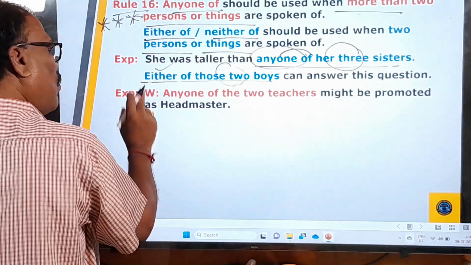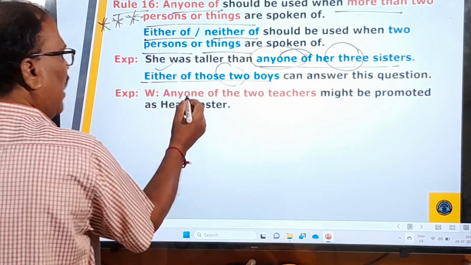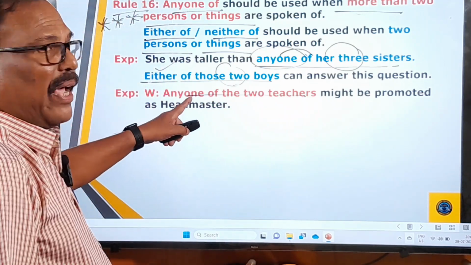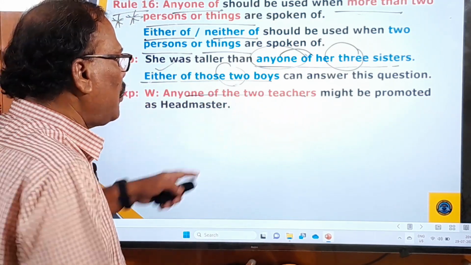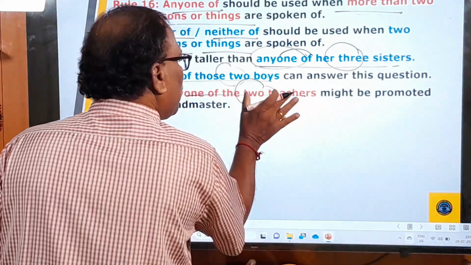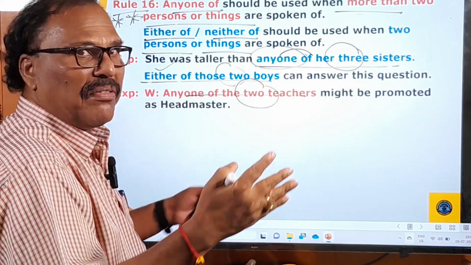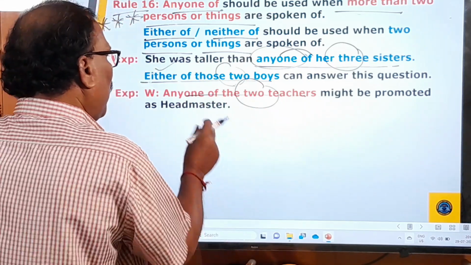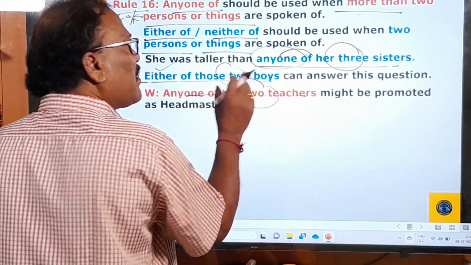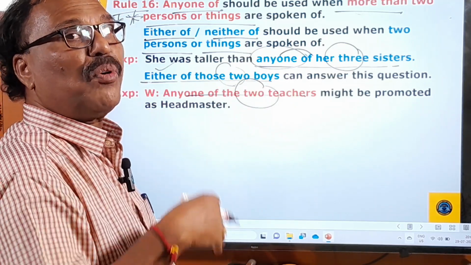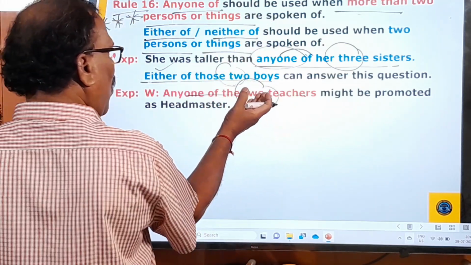Now wrong sentences are given like this. "Any one of the two teachers" might be promoted as a headmaster. "Any one" is used with two teachers, two persons. That is bad. You should immediately understand. Your friends might think it is correct, because "any one" is not used with two persons, two places or two things. It is used with more than that. So here it is wrongly used.